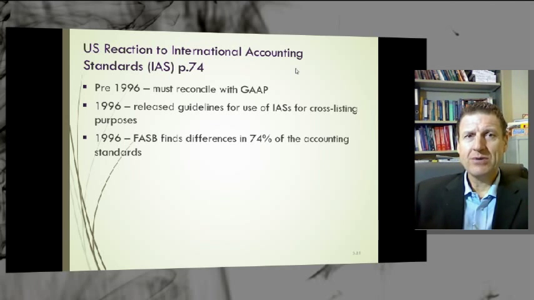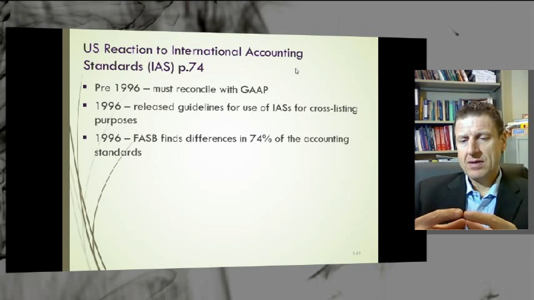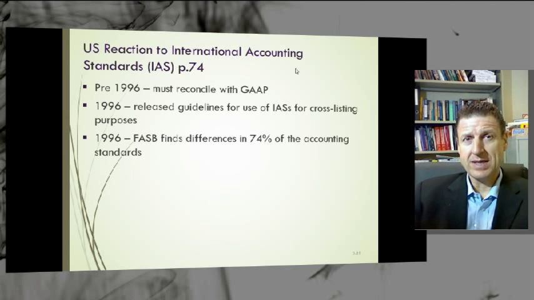What was really interesting here is that there was a US reaction to the international accounting standards. And we're looking at page 74 here. Before 1996, there was a need and a requirement by the US accounting bodies that if you are listing in the USA and you're using an international accounting standard for your balance sheet, for your income, for your cash flow, then you need to have a reconciling statement in the notes to accounts to reconcile with generally accepted accounting principles, which is GAAP.